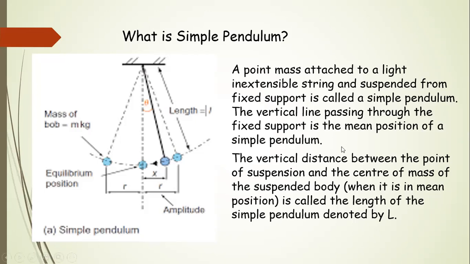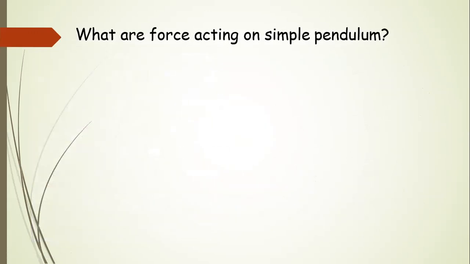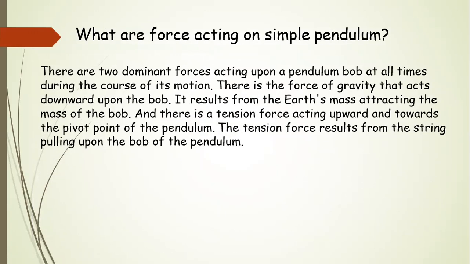Last time we learned that the time period of the simple pendulum depends on length and gravity. So this is about the simple pendulum. Now, what are the forces acting on a simple pendulum? There are two dominant forces acting on the pendulum: one is the gravitational force, and the other is the tension in the string.